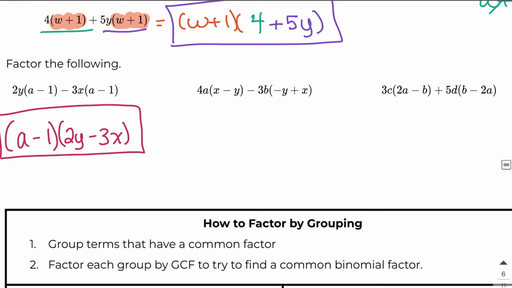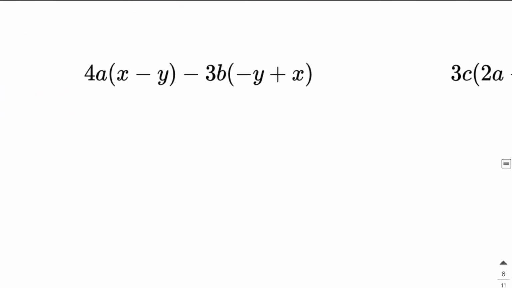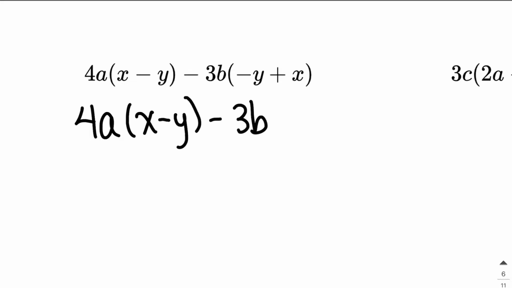All right, this next one is a little bit trickier because if you look, this x minus y and this negative y plus x don't look like they match, but actually technically they do. If I copy down this x minus y and this minus 3b, I can rewrite this expression in a different order.